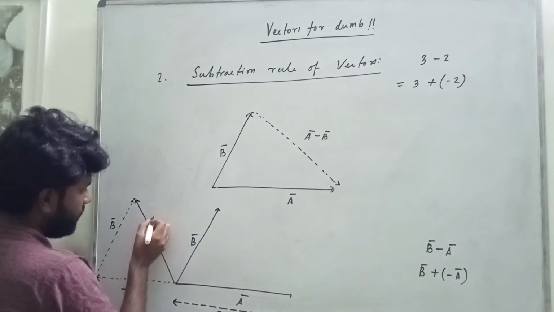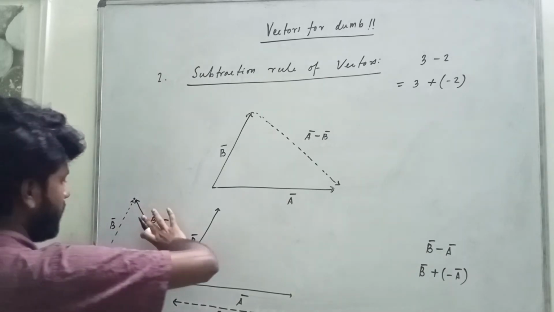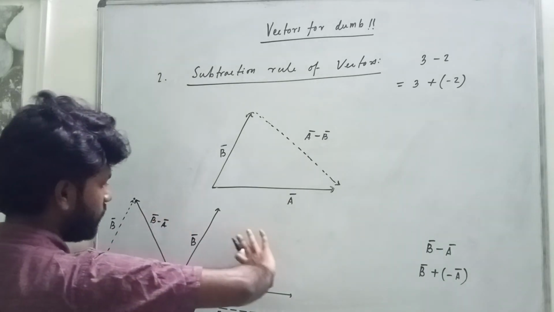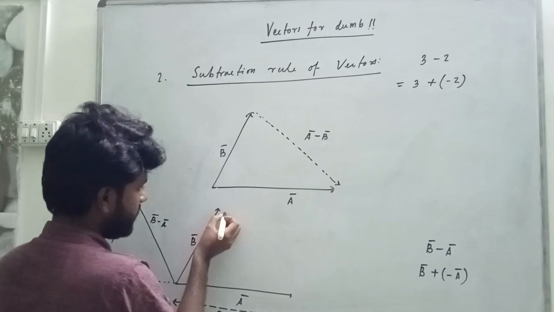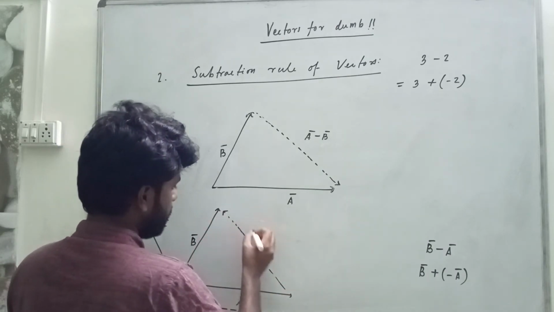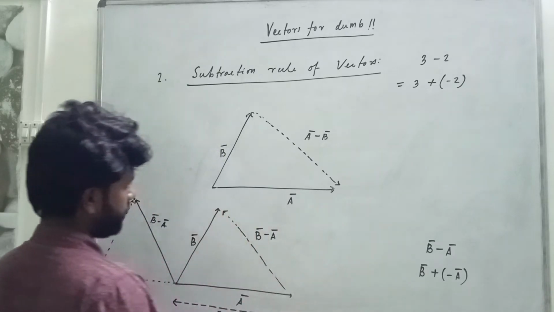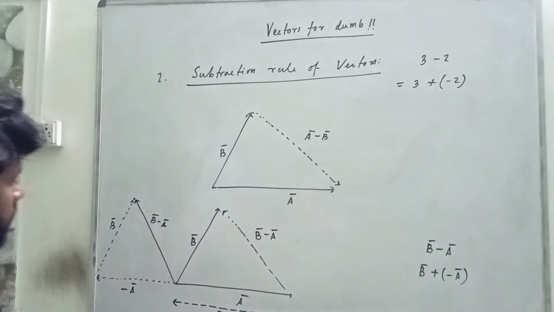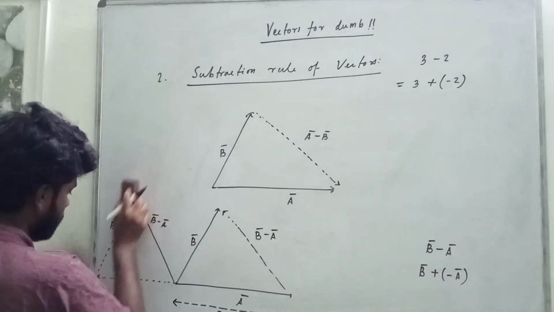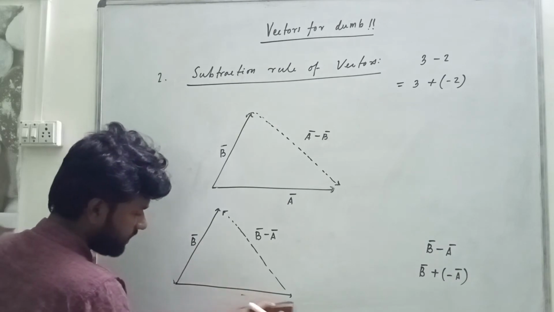So it is actually our B minus A. Now just transfer this B minus A from here to there. It is our final result, right? Yeah. So it is our B minus A. Right? Okay. So I erase all this here. So it is our B minus A.